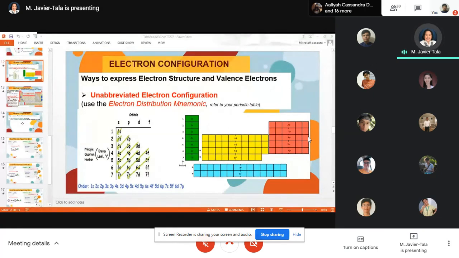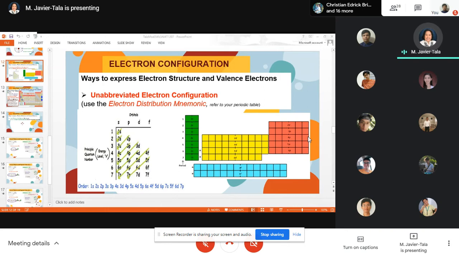So we will be using those and we will be observing them. So why is it that you have to consider the SPDF? Because class, in your periodic table, their arrangement is already based on the block which will be filled up in their subshell. As you can see, groups 1A and 2A are the S block.